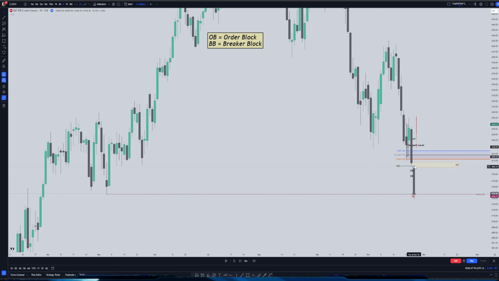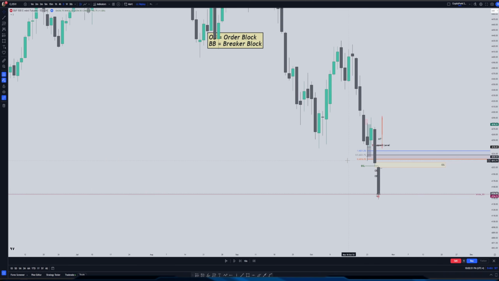So I was talking about, I think this is my 15 minute fair value that I was talking about, if I am not wrong. So my initial liquidity was right around this level.